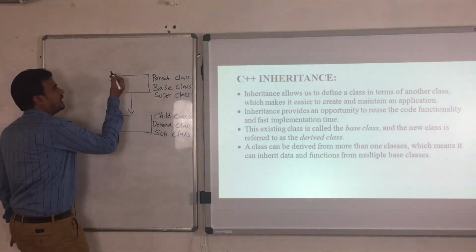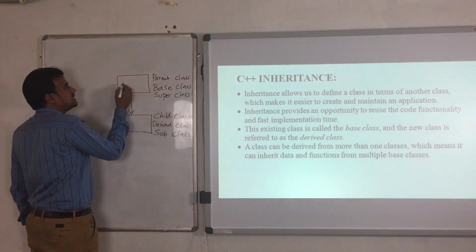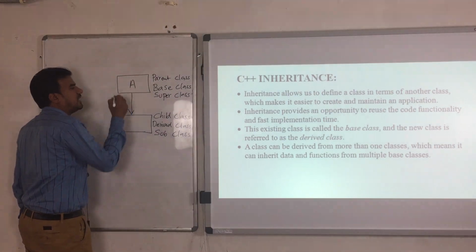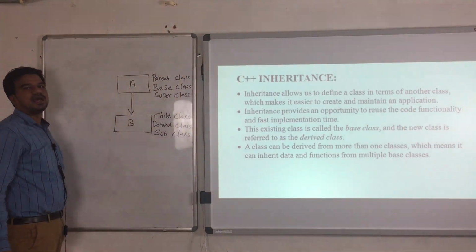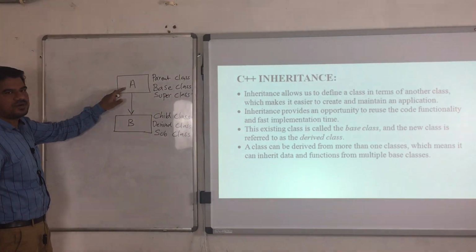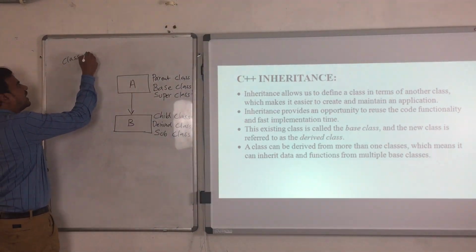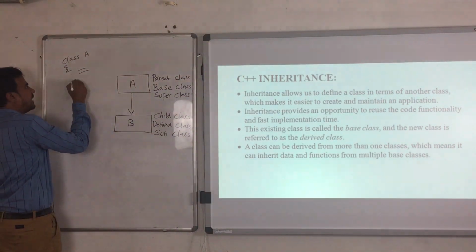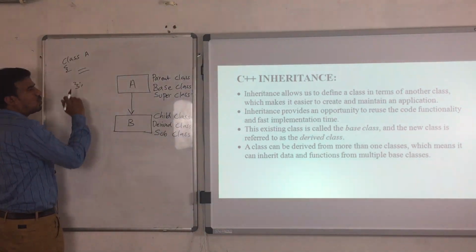So how can we relate this to programming? Let us assume that this already existing class is my A class and this new class is my B class. First we declare class A. We define class A, and in it we write the definition or the coding.